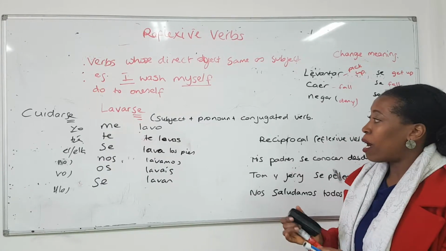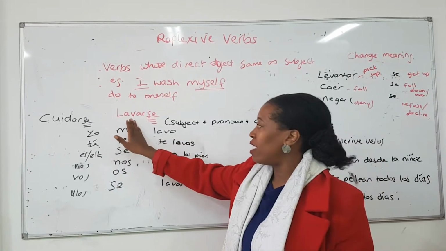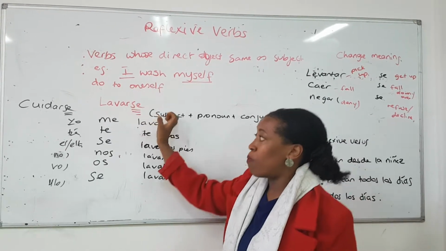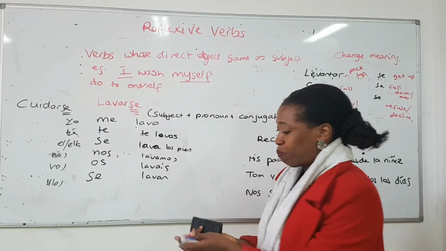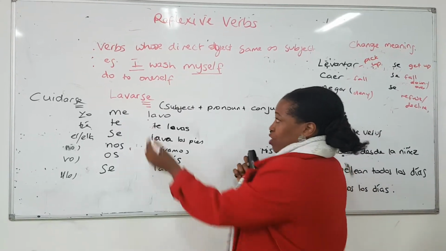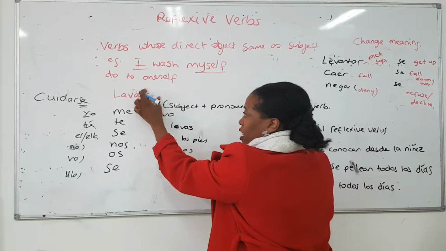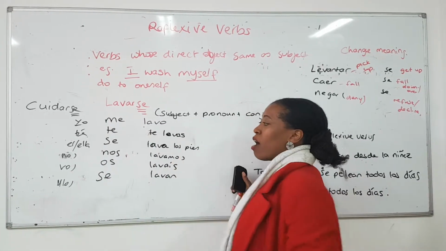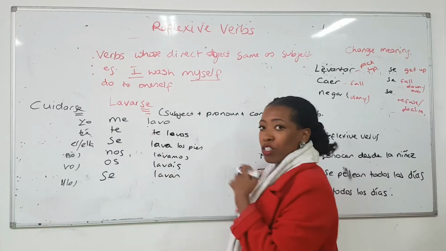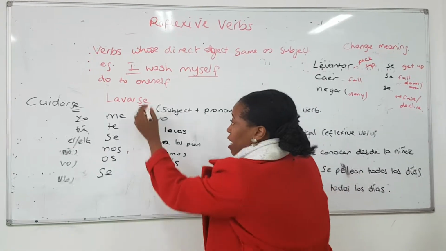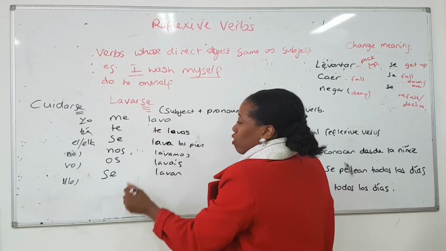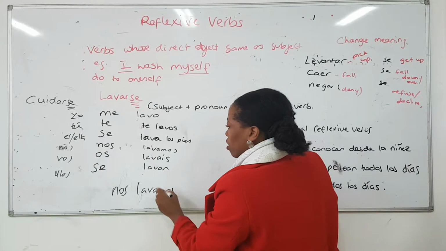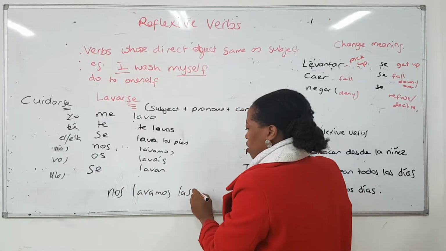For example, you take the verb lavarse, you take off the se, and in a sentence, you put the se to the front. So you move the position. You'd choose the subject. Let's choose the first person plural, nosotros, which is we. Nosotros nos lavamos las manos.